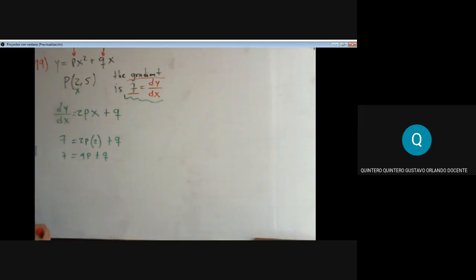All right, we have an equation. The problem is, our equation has two variables. Remember, we are trying to find the value of p and the value of q. But we cannot isolate p or q from here without depending on the other variable to find it. We have two variables.